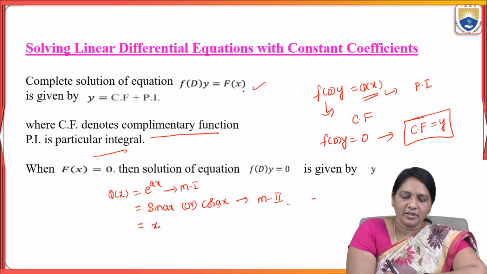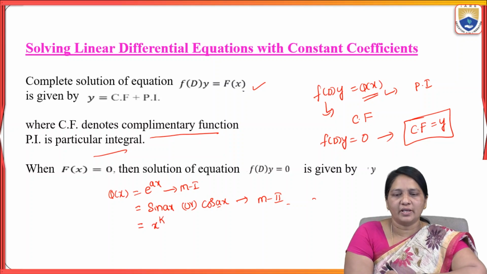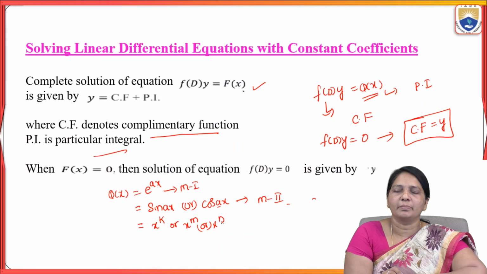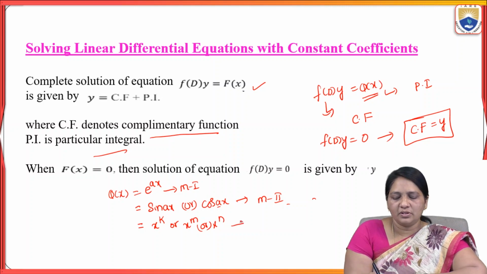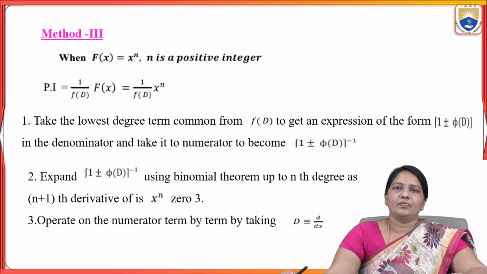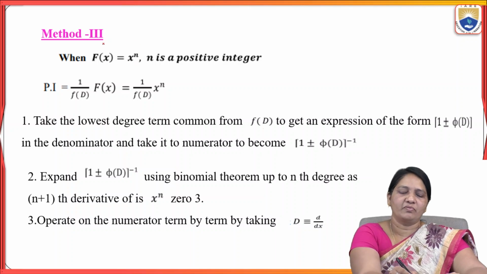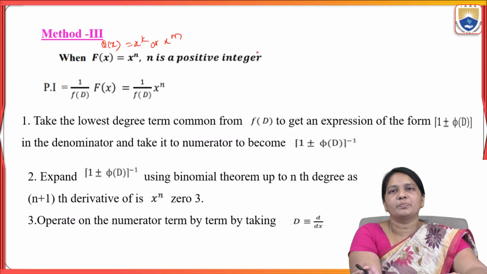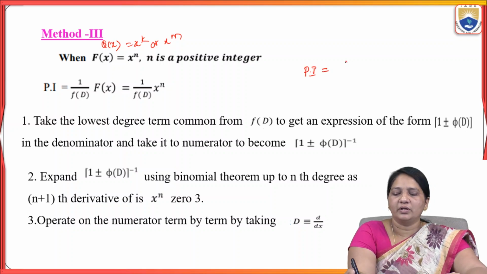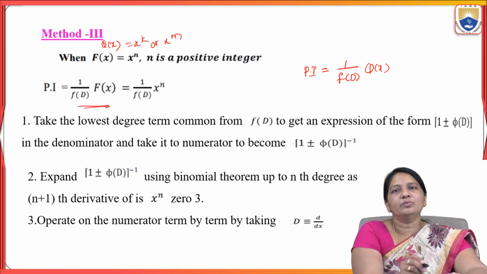The third method is for when q of x is x power k, x power m or x power n, whatever the notation may be, that is, x power values. For that, we follow the method 3 procedure. When f of x equals x power n, or q of x equals x power k or x power m, where k or m is a positive integer, the particular integral equals 1 by f of D into q of x, otherwise 1 by f of D into f of x.